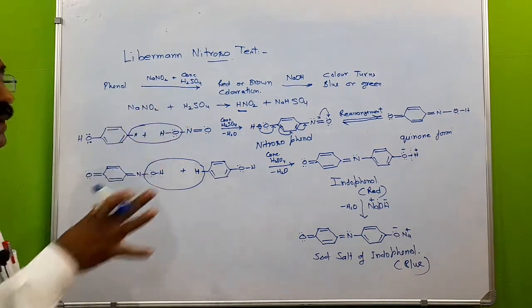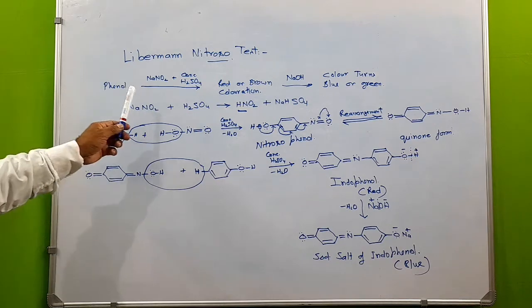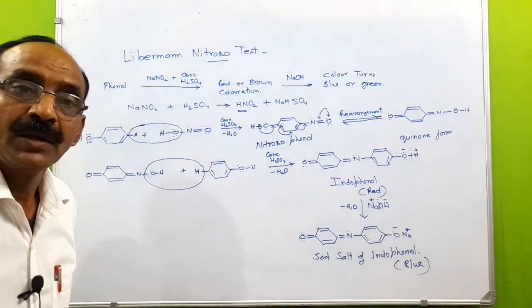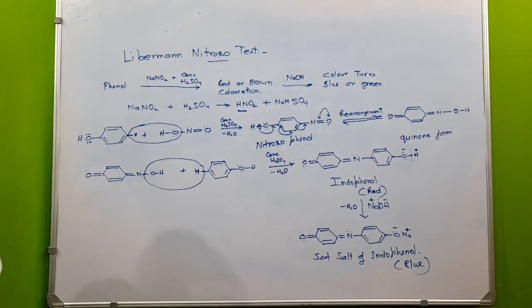So this chemical reaction occurs, and if a compound on adding NaNO2 and concentrated H2SO4 gives red coloration, and that red coloration turns to blue or green on adding an alkali, this confirms the compound is phenol.